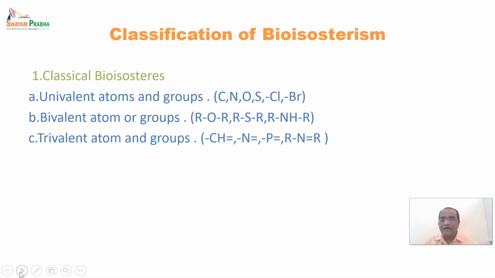After that, trivalent, so CH is sometimes replaced by N. After that phosphorus, after that substituted amine. After that tetravalent atoms, having four bonds: carbon replaced by nitrogen, quaternary ammonium we can say, after that phosphorus. So these are some classes of classical bioisosteres.